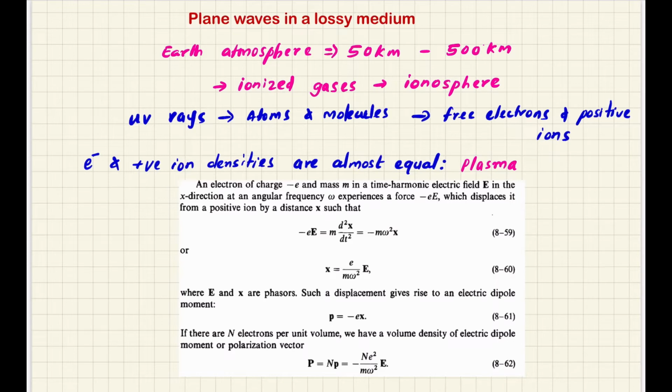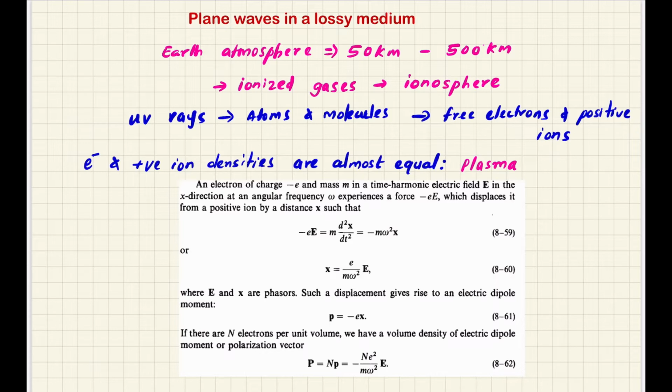Okay, and if you talk about the polarization, the overall picture is that you have an electromagnetic field entering into the ionosphere, and it will polarize the electrons in the direction of the electric field. So there will be a charge separation. Okay, positively charged ion cores and negatively charged electrons will be separated by a small distance. So there will be some dipole moment created for individual atoms or molecules.